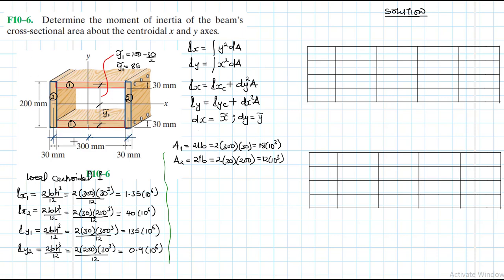And then this one here is y1, and this one is going to be equal to x curled 2, which is equal to 150 plus half of 30.